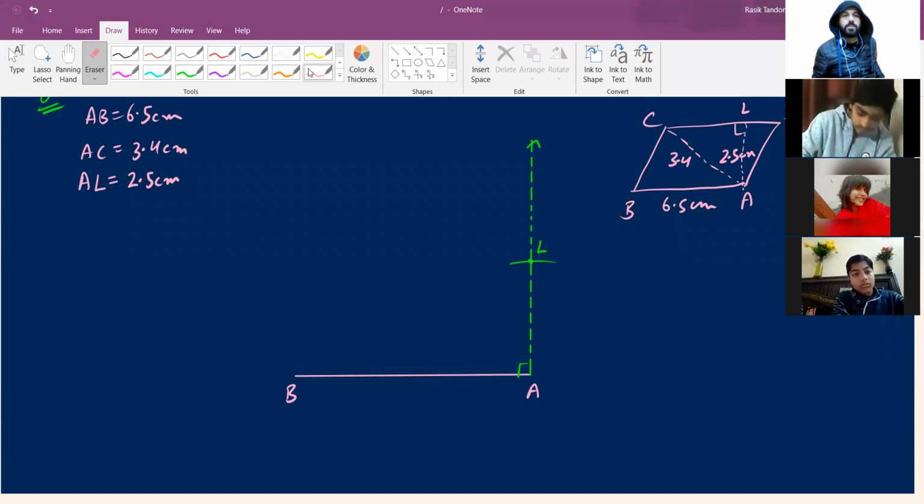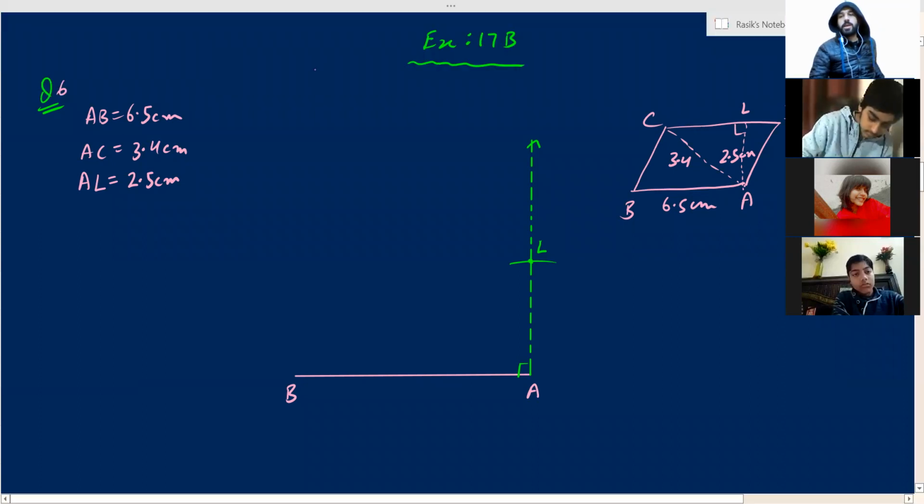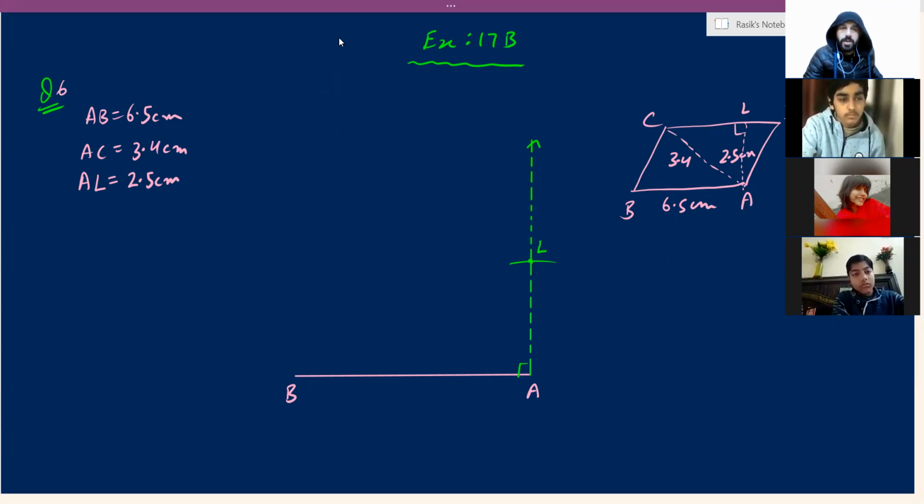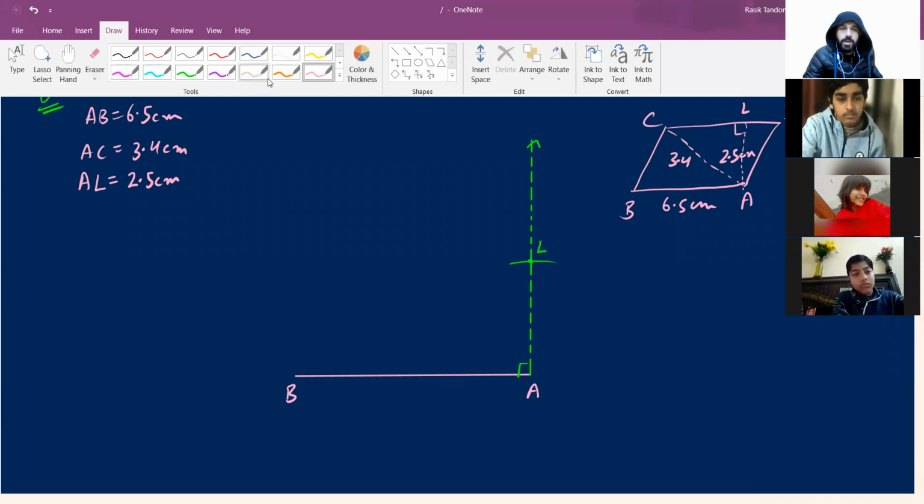Now we will construct another 90-degree angle from the point L, another perpendicular line from L. Why are we constructing it? Because we will get a line parallel to AB if we do it.